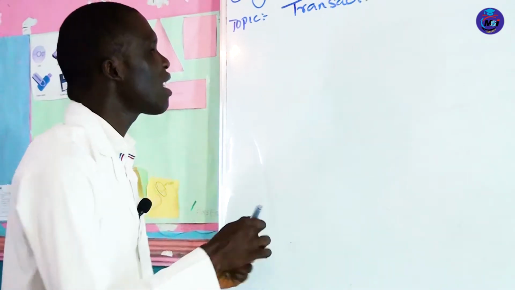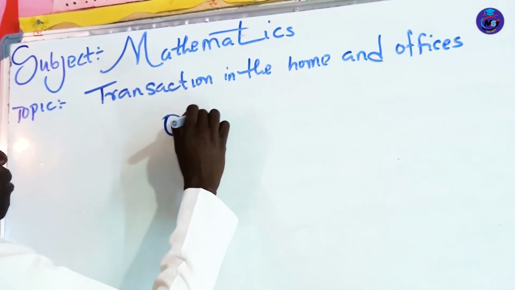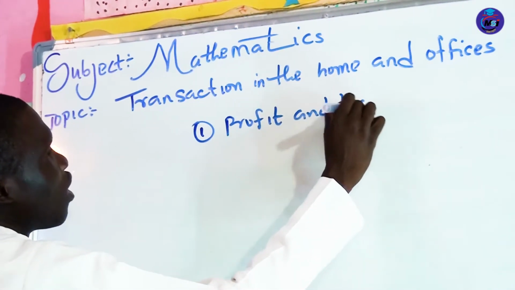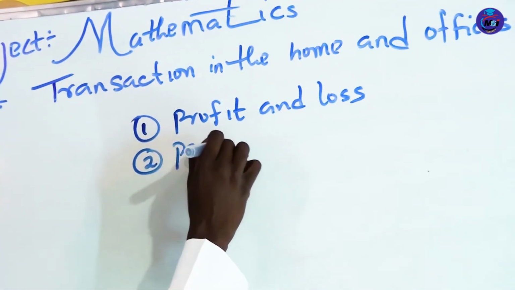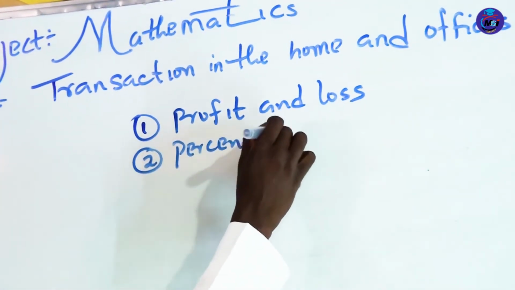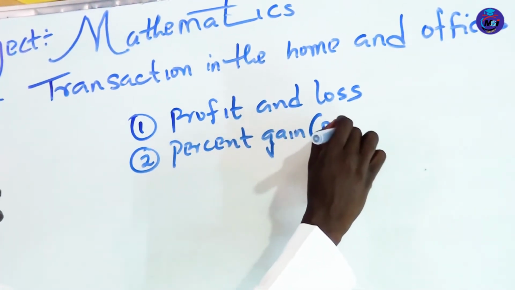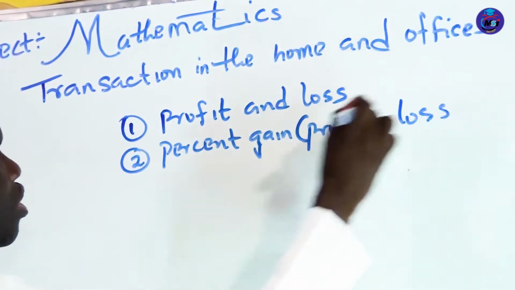Under this, we'll be looking at number 1, profit and loss. Percent gain, which could be called profit, and loss.